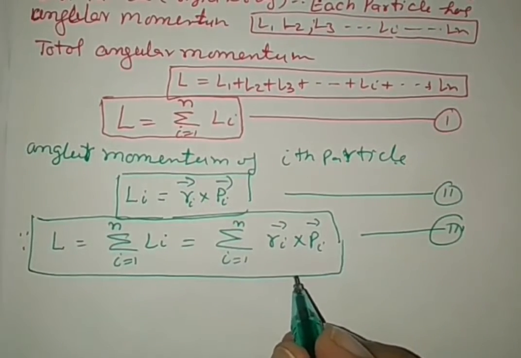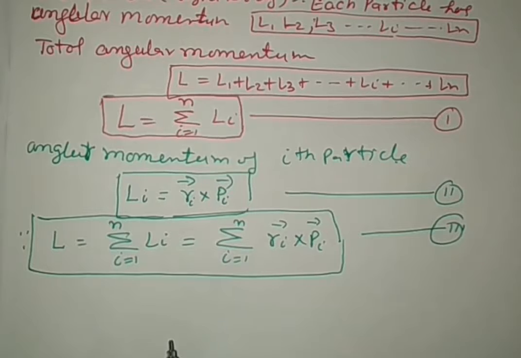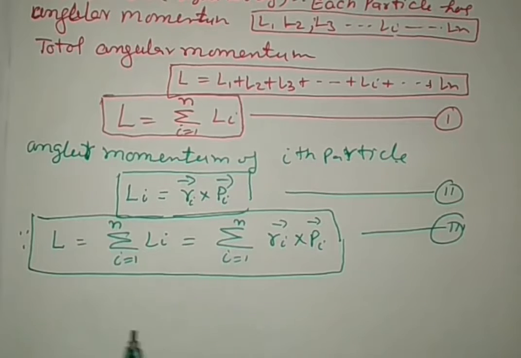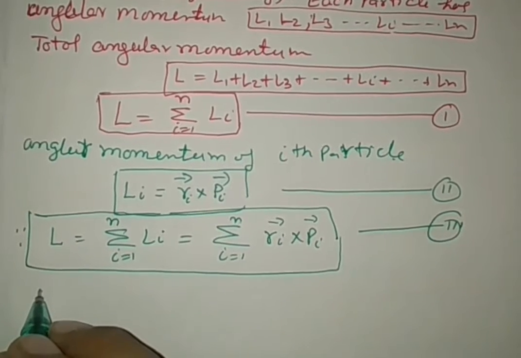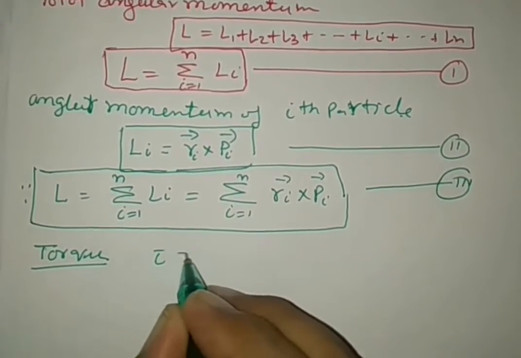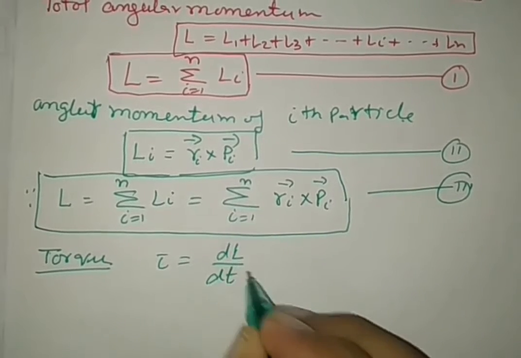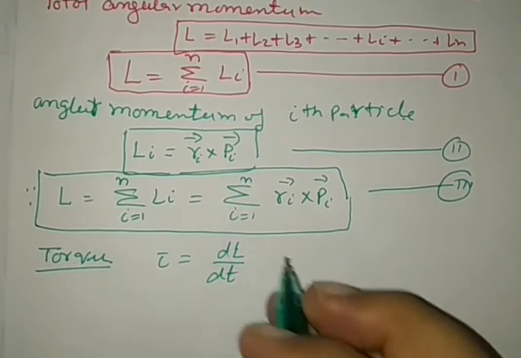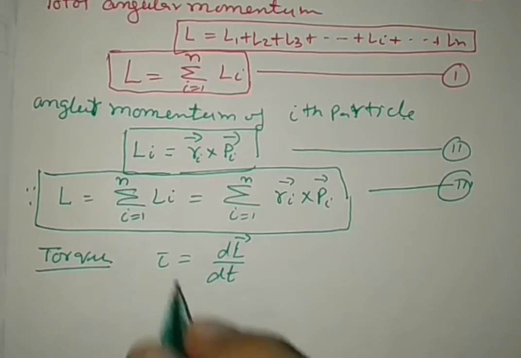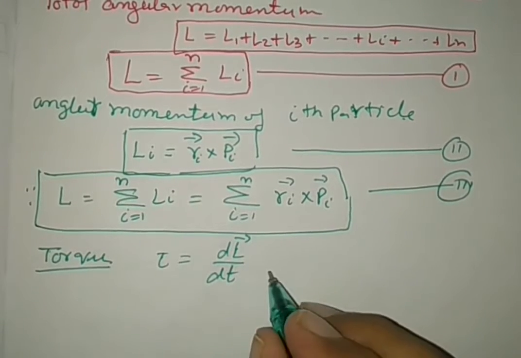Now by the definition of angular momentum, we know torque tau is equal to rate of change of angular momentum. See very carefully, torque is equal to rate of change of angular momentum.